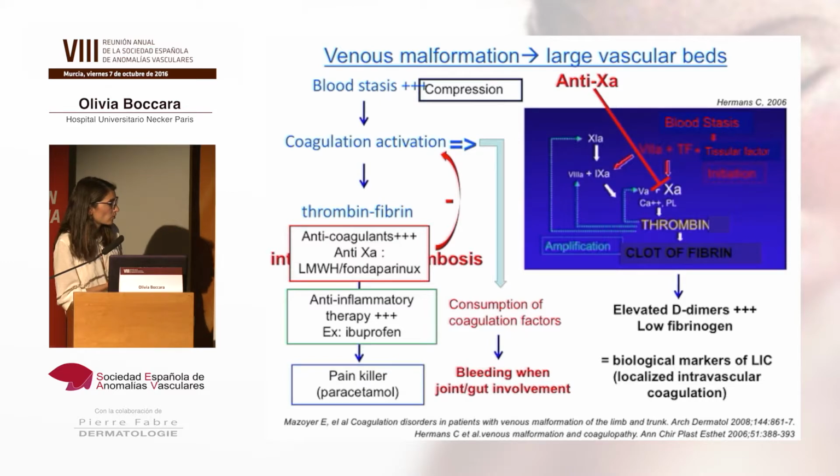When you use low molecular weight heparins such as enoxaparin, but mostly in our team we use fondaparinux, which seems to be more efficient, you will stop this coagulation loop, whose intensity increases by itself, and when you stop the 10A, you stop almost everything. So if you stop 10A, you stop thrombin generation, then you stop the thrombus, then you stop the inflammation, and then you stop the pain.